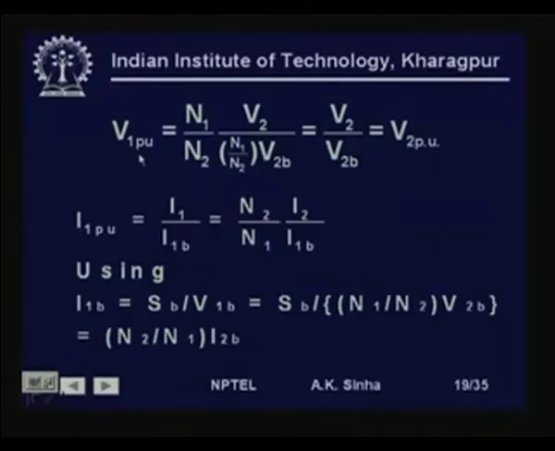Then we have V1 per unit is equal to N1 by N2 into V2 divided by V1 base. Now, V1 base will become N1 by N2 into V2 base, because V1 base by V2 base is equal to N1 by N2. Therefore, this is equal to V2 by V2 base, which is equal to V2 per unit.